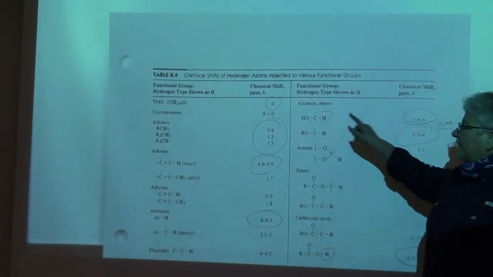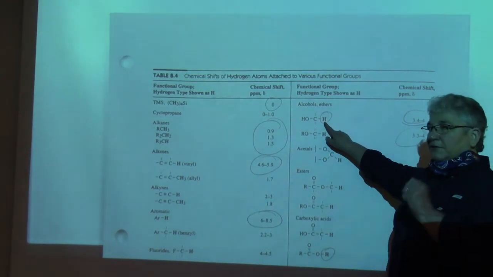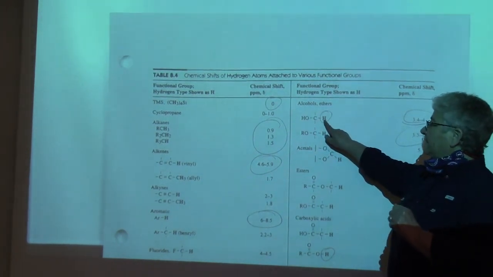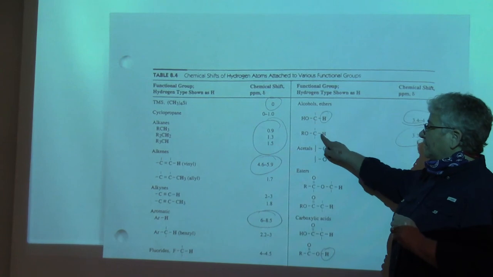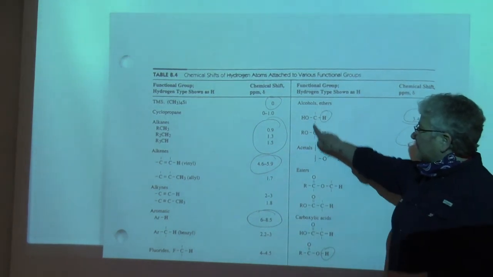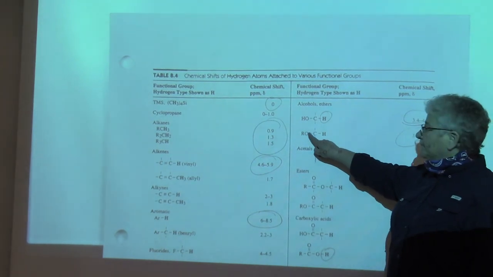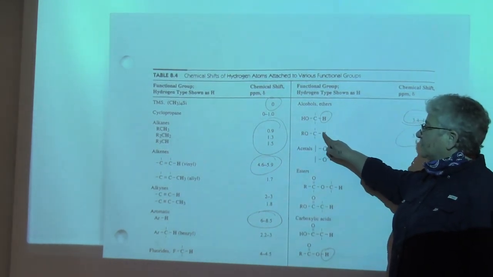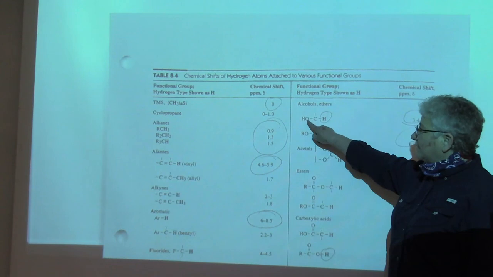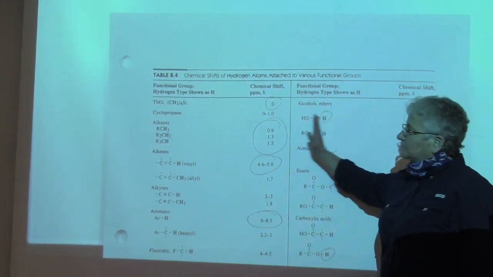If you have a hydrogen, because remember, we are looking at hydrogens. This hydrogen is bound to a carbon, and that carbon is bound to an oxygen. That oxygen causes this hydrogen to move downfield.